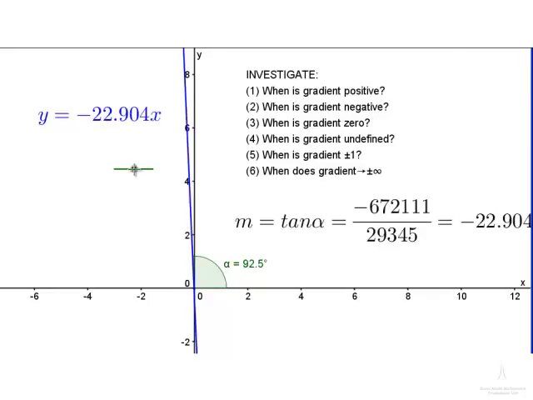So I can again get closer and closer to 90. And you see now I approach 90 degrees from within the second quadrant, so the gradient is negative. Trying to go a bit faster. Coming down. Now it's 91.99.